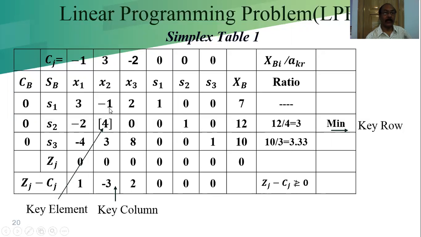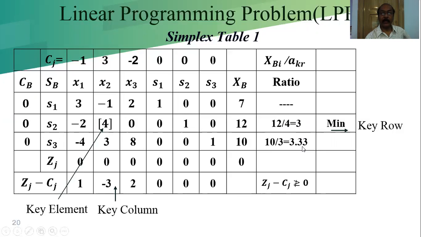Since this entry a12 is negative, we cannot find the ratio with respect to that, so no entry is there. So 12 by 4 is equal to 3, and 10 by 3 is 3.33.